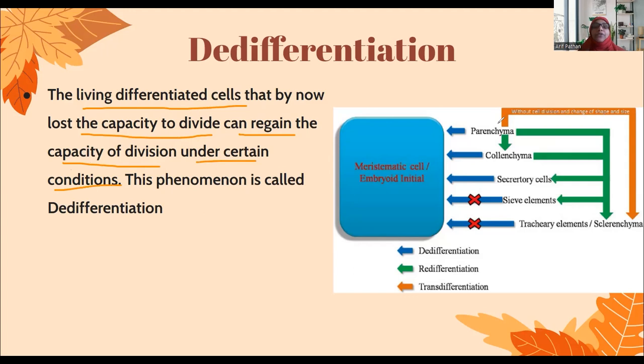They go back to where they came from. Let's say meristematic cells became parenchyma cells under differentiation. But under certain circumstances, or due to some external environmental factors, this parenchyma cell can de-differentiate again into meristematic cells.